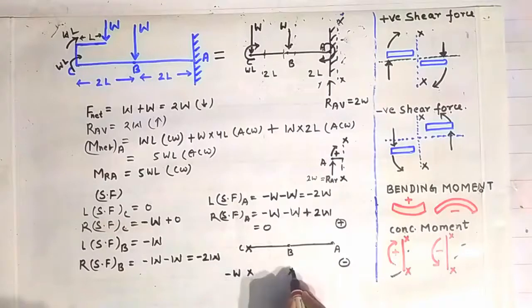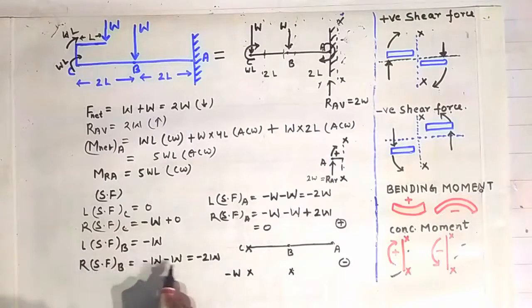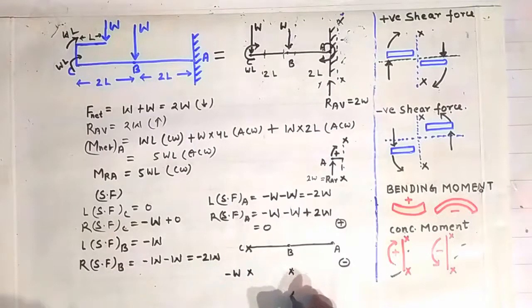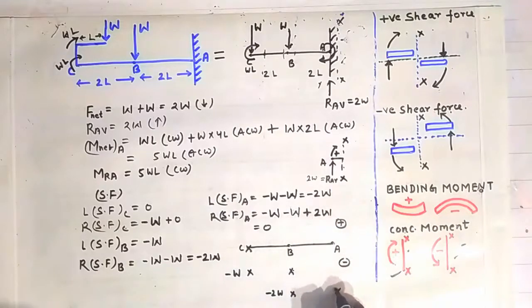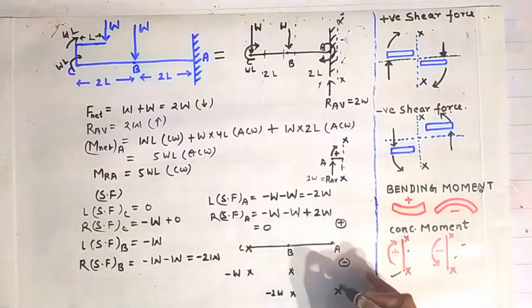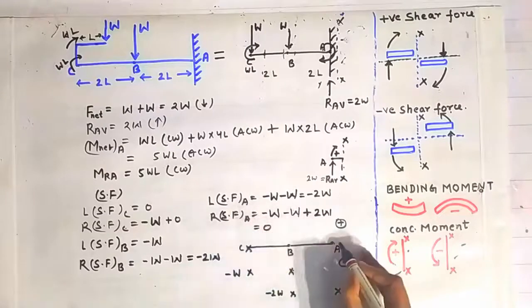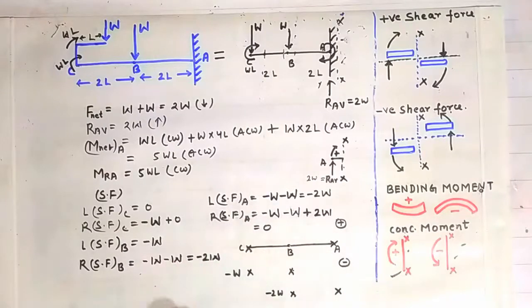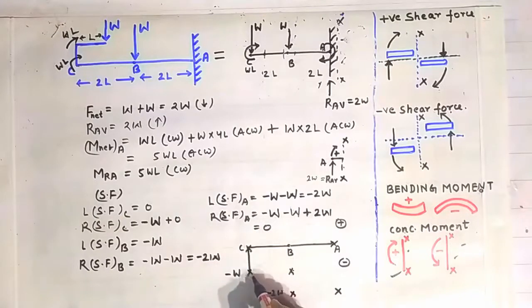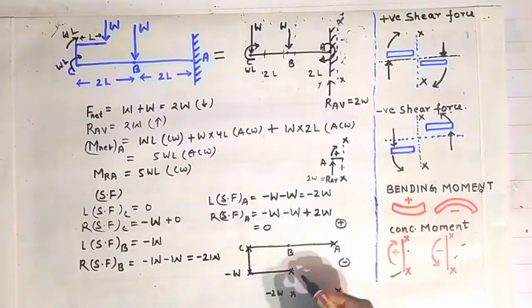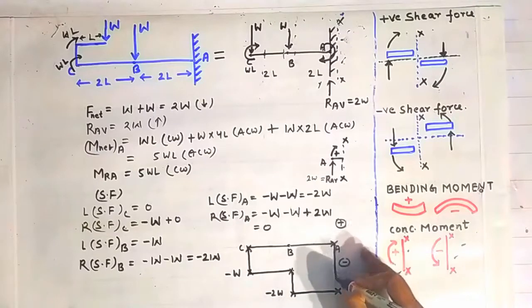Lying at the same level, and it is going to minus 2W. It is going at the right side of the point B, and it is minus 2W on the left side of the point A. So making a cross here below the point A, and it goes to 0 at the right side of the point A. Joining the first point with the second, the second to the third, the third to the fourth, the fourth to the fifth, and the fifth to the sixth.